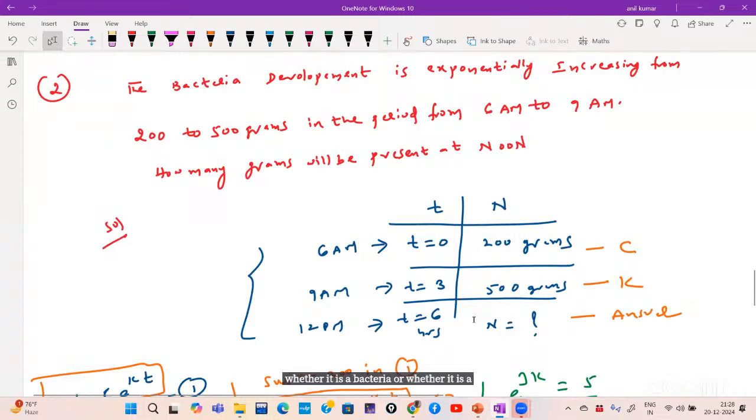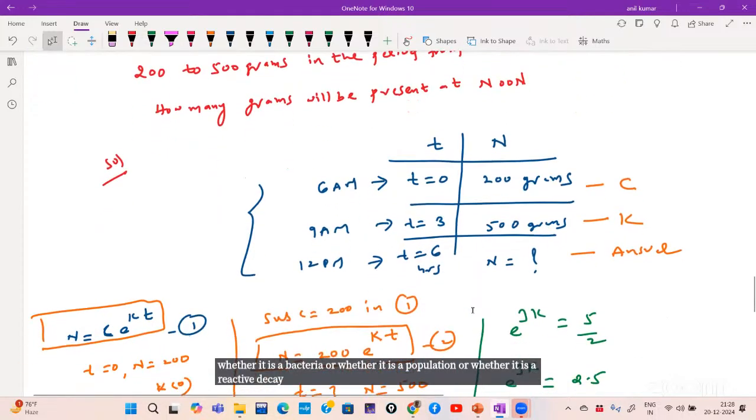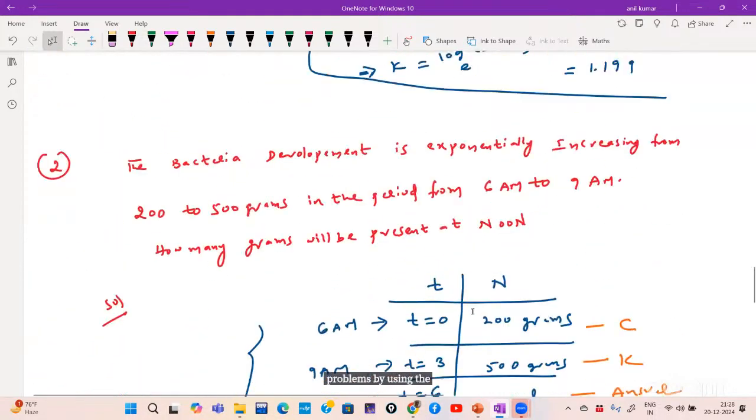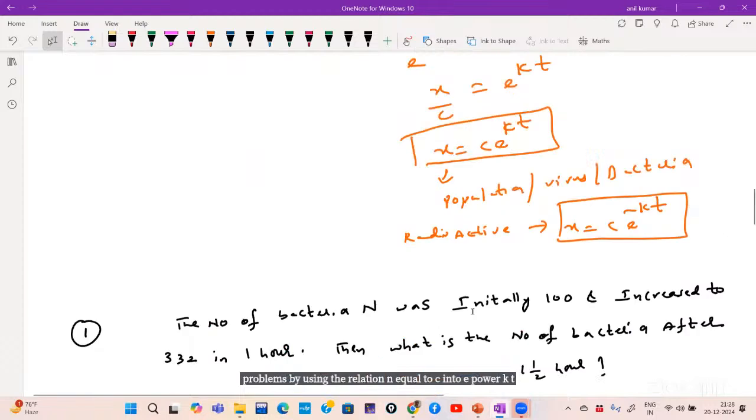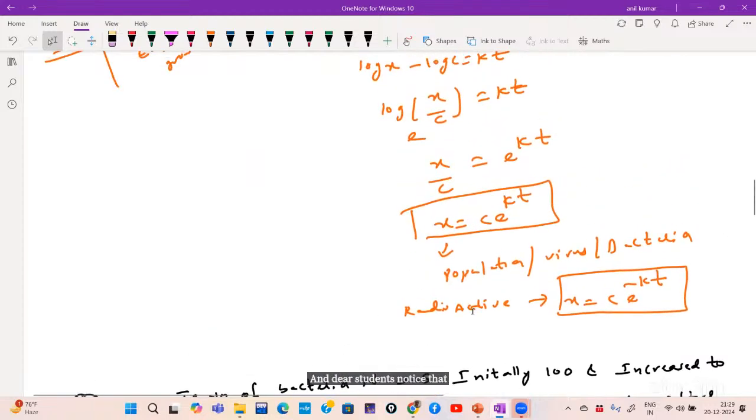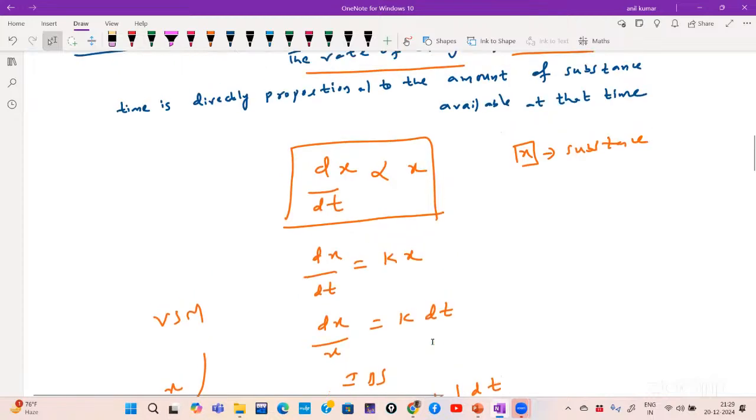So in this way, we are going to find whether it is a bacteria, or a population, or a radioactive decay problem, by using the relation N equal to C into e power kt. Dear students, notice that this formula is the same for population and bacteria or virus problems. Use plus k, but coming to the radioactive material, take minus k, because that is a reverse case.